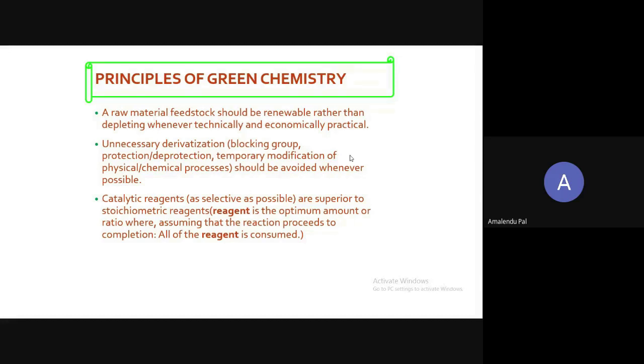Catalytic reagents are superior to stoichiometric reagents. Sometimes we use a reagent, such as an acid, in the optimum amount or ratio in our lab, so that the reaction goes to completion and all of the reagent is consumed. So rather, we use catalytic reagents. That is more important than the stoichiometric reagents.